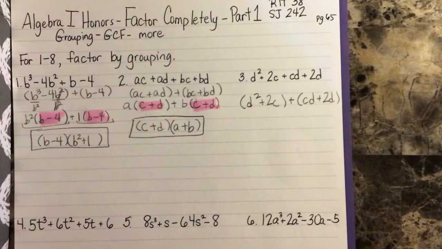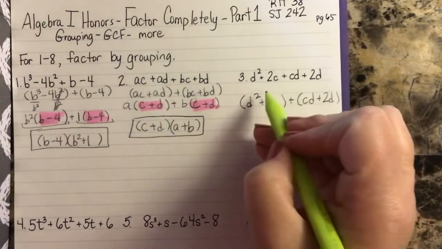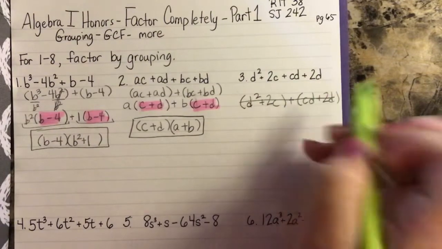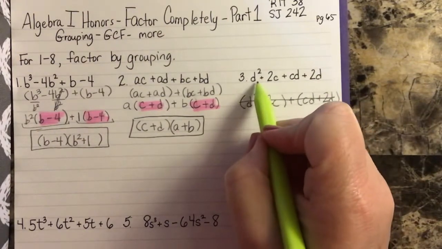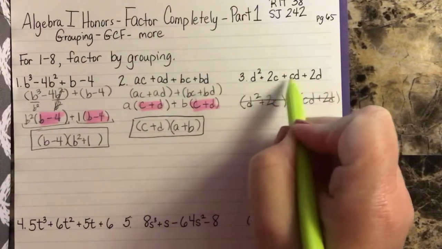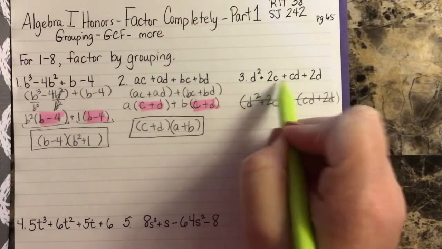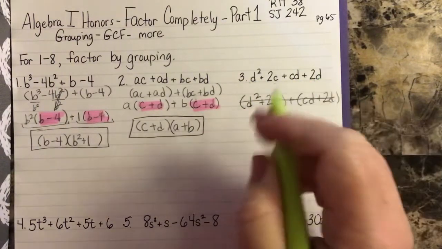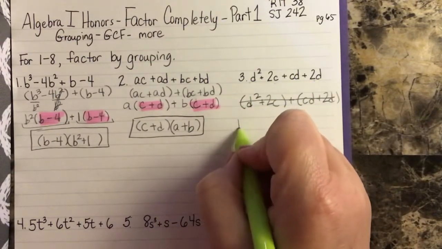I think this may demonstrate that you don't always factor the first two and the last two. Let's see if I'm going to regroup. I'm going to scratch that, and I'm going to regroup and group these two together and group these two together. I may have written it down incorrectly.